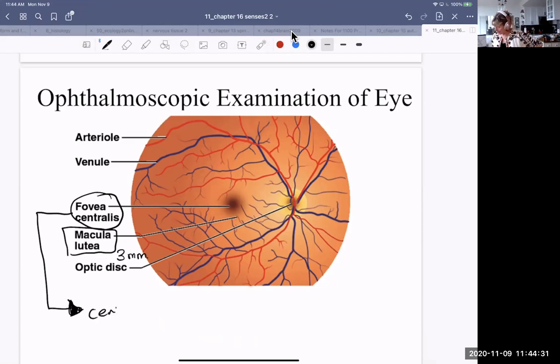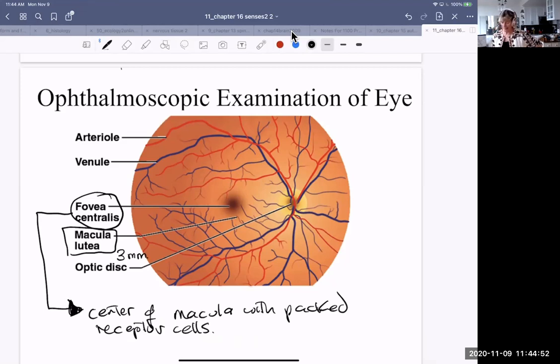So it's at the center of the macula, with packed receptor cells, particularly cones.